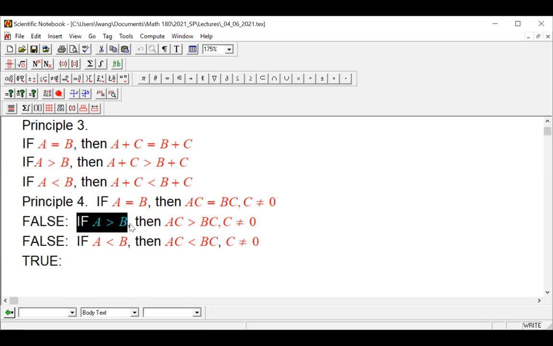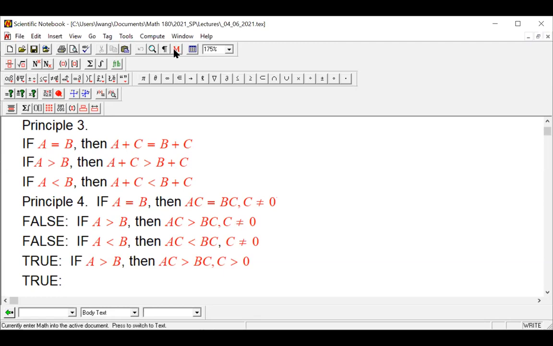If A is larger than B, then AC is still larger than BC, provided C is larger than 0. When you multiply a positive number on both sides, this is true. True. Okay, so I'm putting these principles here.